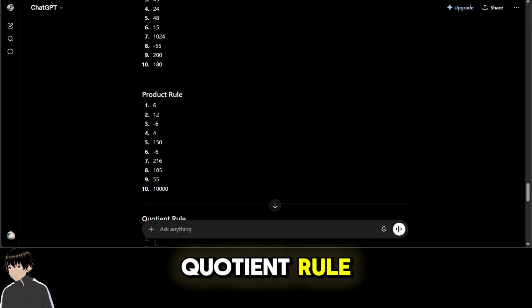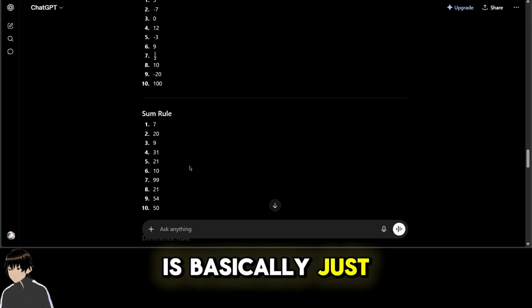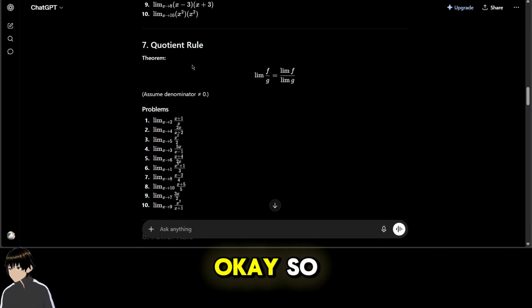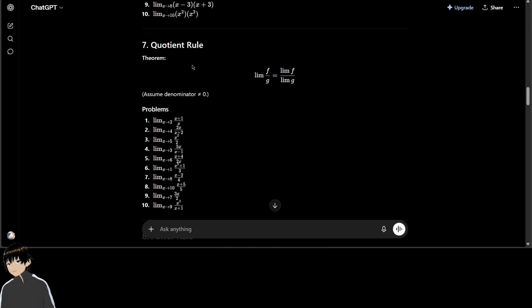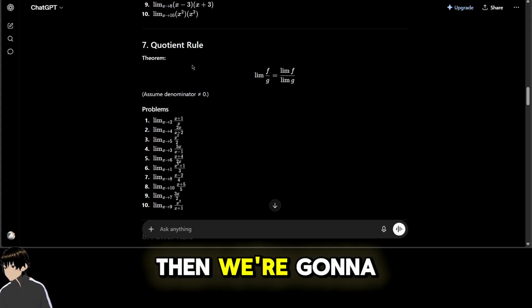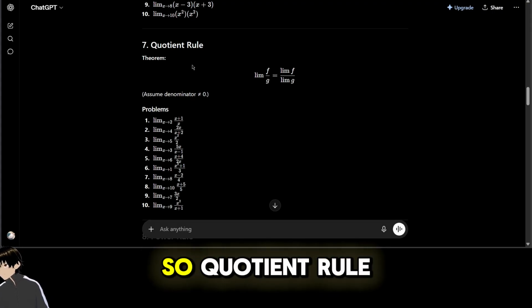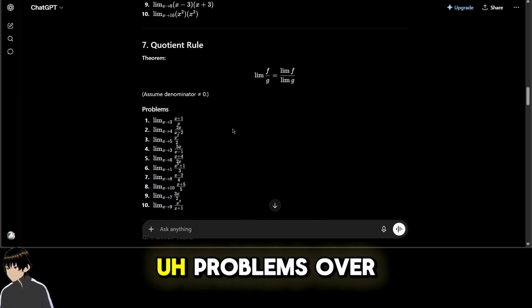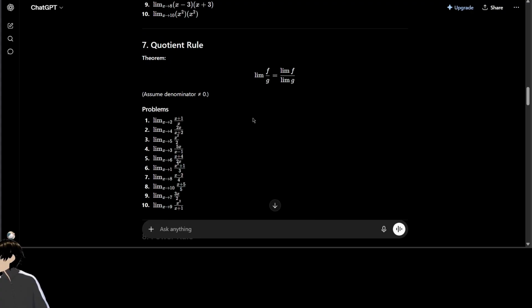It's going to be the quotient rule. The quotient rule is basically just you dividing stuff. Okay. So let's do the quotient rule. Then we're going to do evaluations as well. So quotient rule first. Let's get the problems over here.